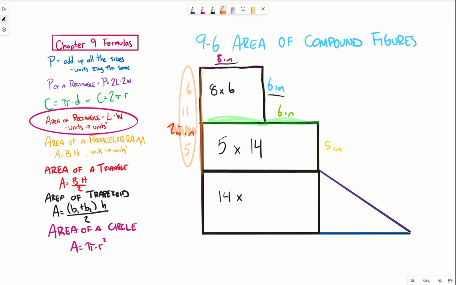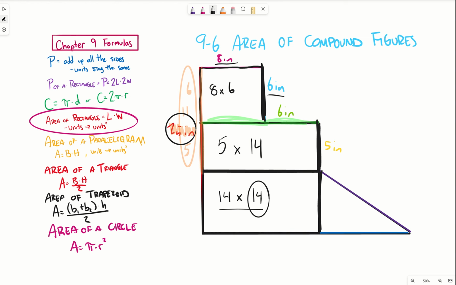So to figure out our missing length, we're going to do 25 minus 11 for a leftover of 14, which I know isn't to scale, but we just kind of have to pretend that it is. So this is 14 by 14, because 6 plus 5 plus something else equals 25. That something else has to be 14.